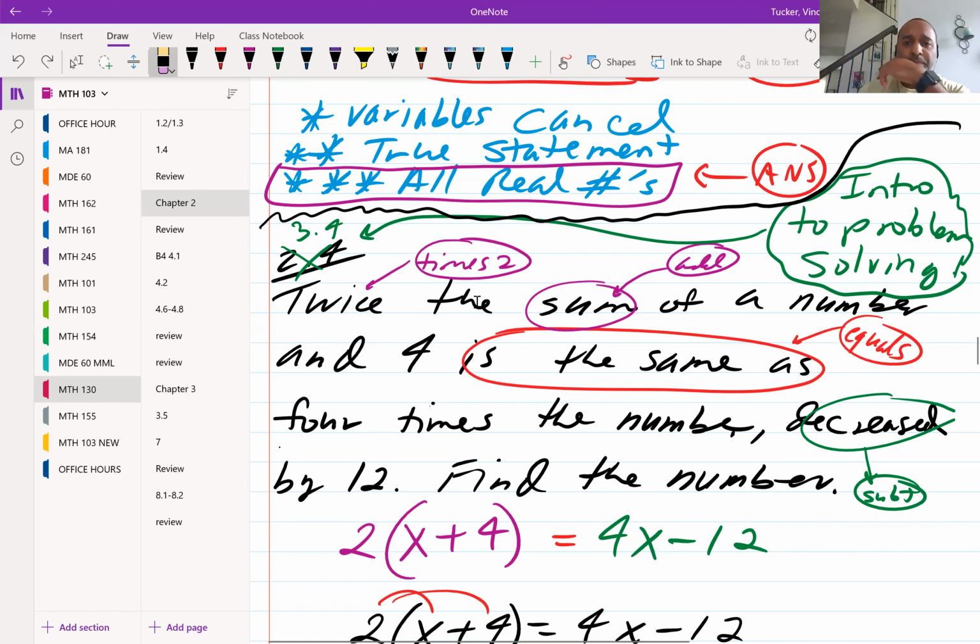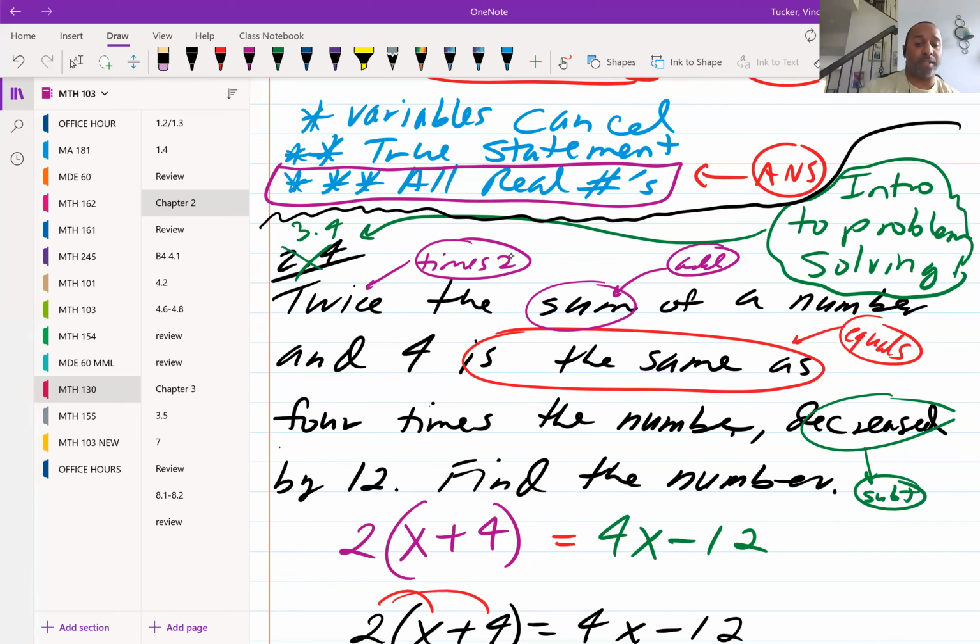So if you look at the purple, the first one, it says twice. Twice is times 2. Then it says we want to times 2 by the sum. Sum is addition. So that's why right here on the left side of my equation, I have 2 times x plus 4.